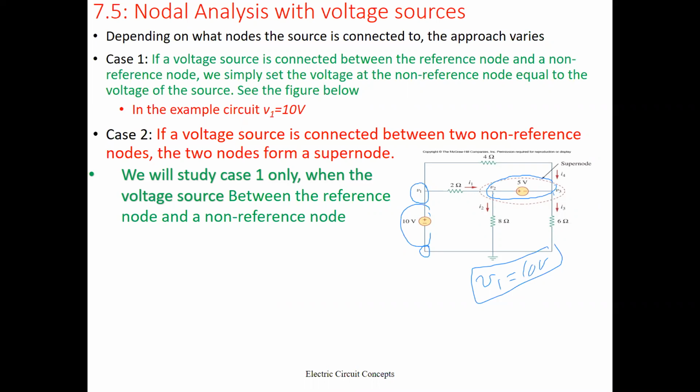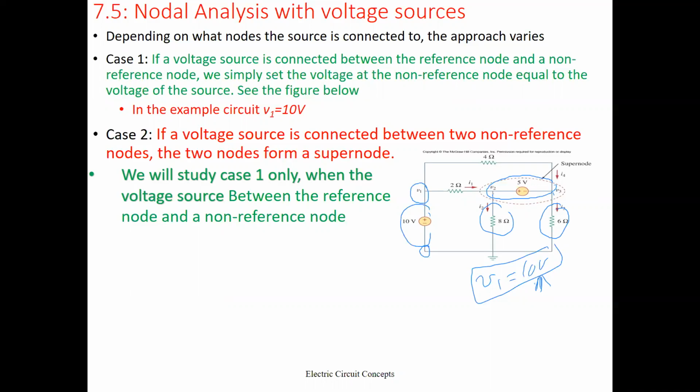We will study case 1, when the voltage source is connected between the reference node and a non-reference node. We simply set the voltage at the non-reference node equal to the voltage of the source, which in this case means V1 is equal to 10. If the voltage source is here, that will be good.